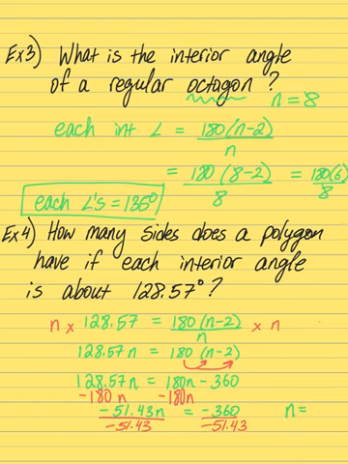And you'll notice that in the question it says about 128.57. And so when I'm going to write the final answer for this, I have to make logical sense of that. I can't have a polygon with 6.9 sides. It's either some sides or no sides. And so the wording in this question, this "about" here, tells me that I need to round off my answer. So 6.9998, that means that this shape has 7 sides.